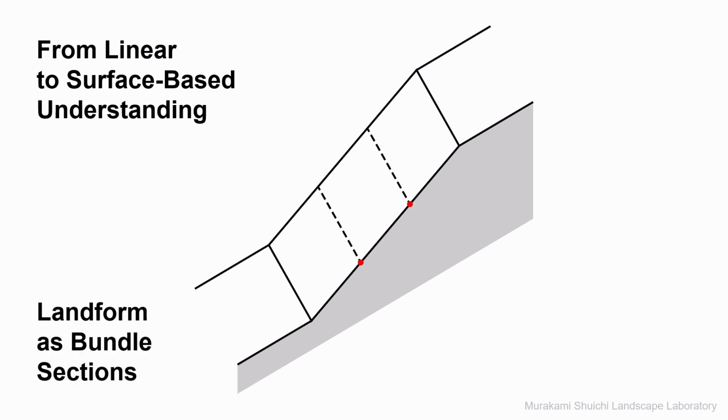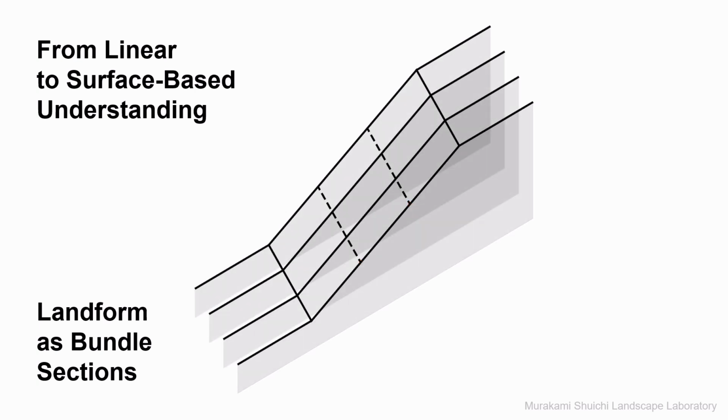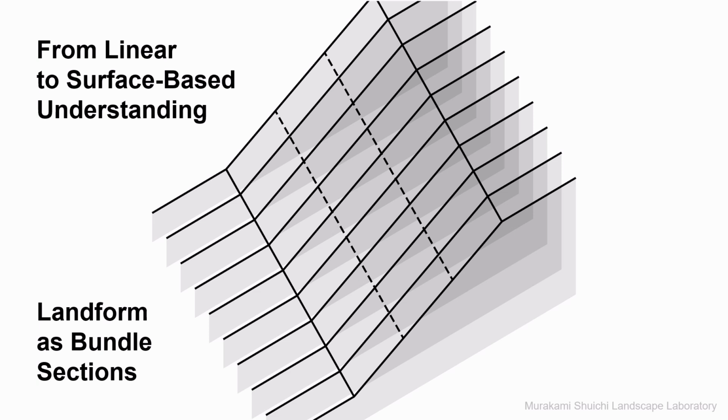Let us therefore consider the surface of the landform as a bundle of sections. In this example, the path can be understood as a bundle of same sections. Only 4 are shown here, but imagine that there are infinitely many. If the same change in slope continues on both sides of the path, then this bundle of same sections spreads outward on both sides.